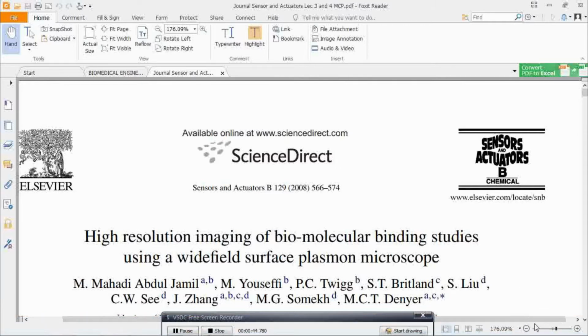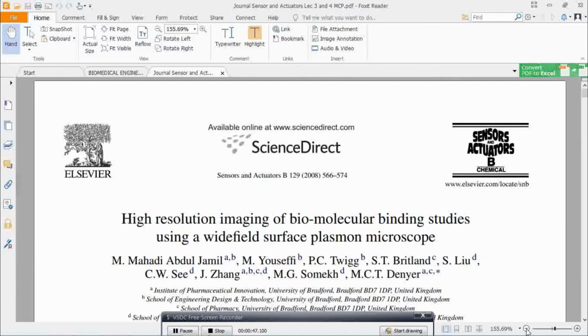The idea of this paper is to show you what applications are available when it comes to optical based systems or microscopes.